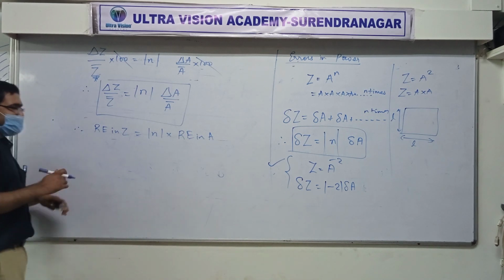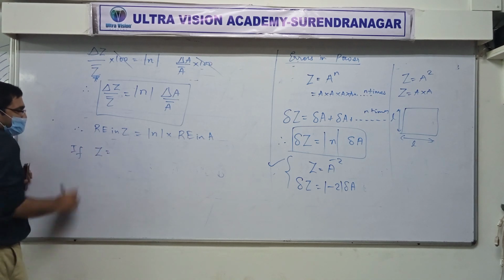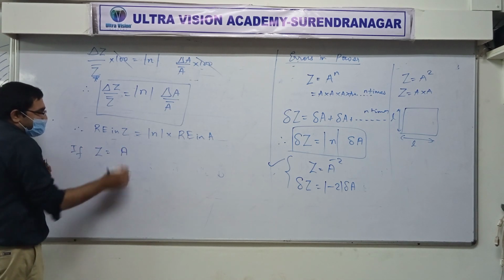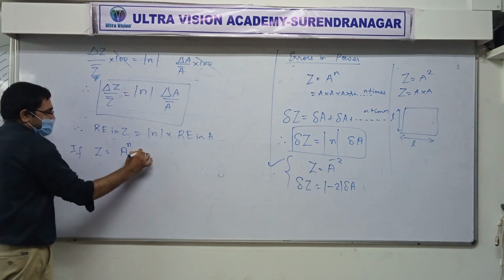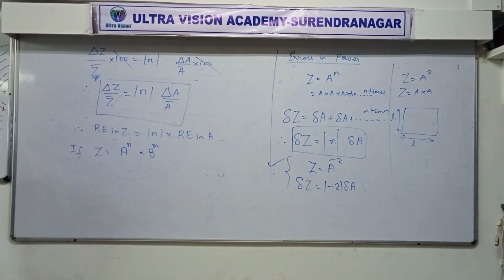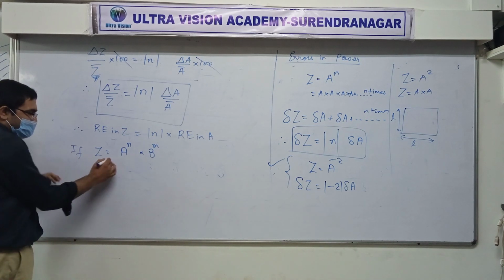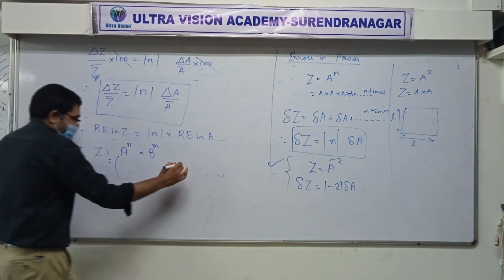Well, the other case that I was talking about is as follows: if z is equal to something like a raised to n multiplied by b raised to m. Suppose two things are there instead of one, two quantities, a and b. They are measured and then you are finding z. So let's keep it simple. First of all, look at this bracket.